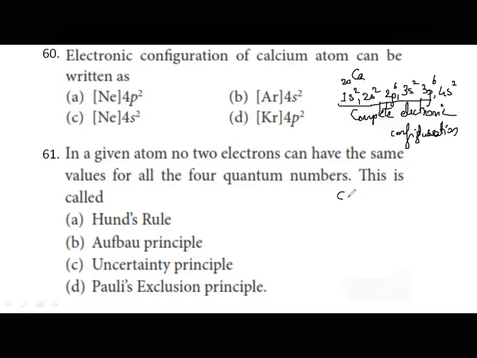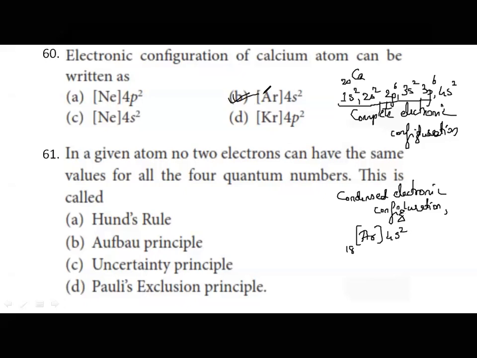Therefore, I can write the condensed electronic configuration as the noble gas core argon 18, and the valence shell 4s2. So argon 18 4s2 is the correct option.